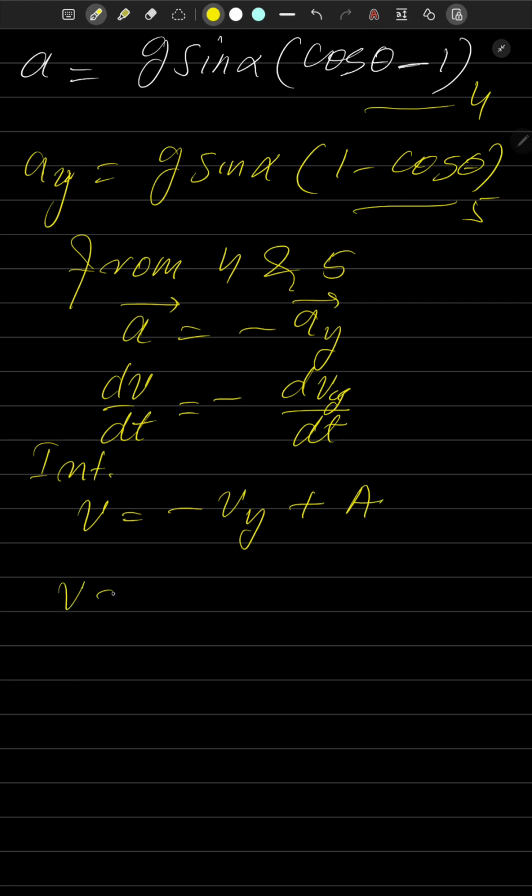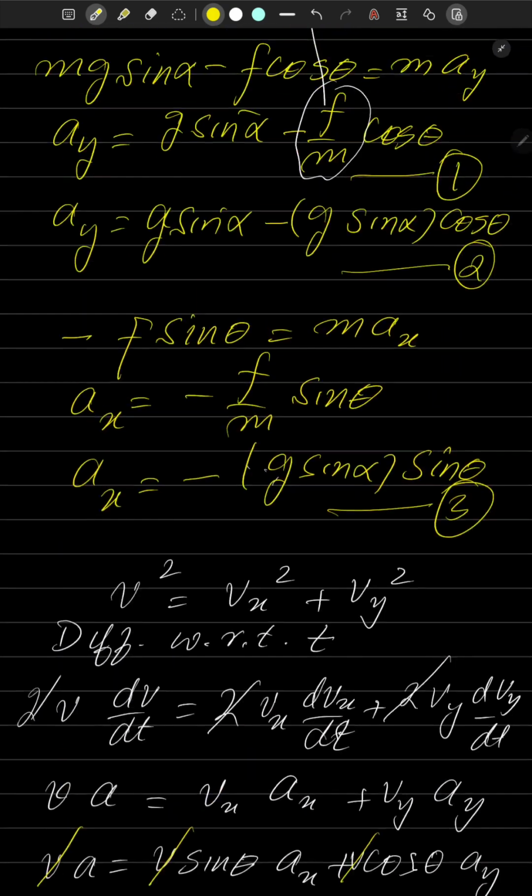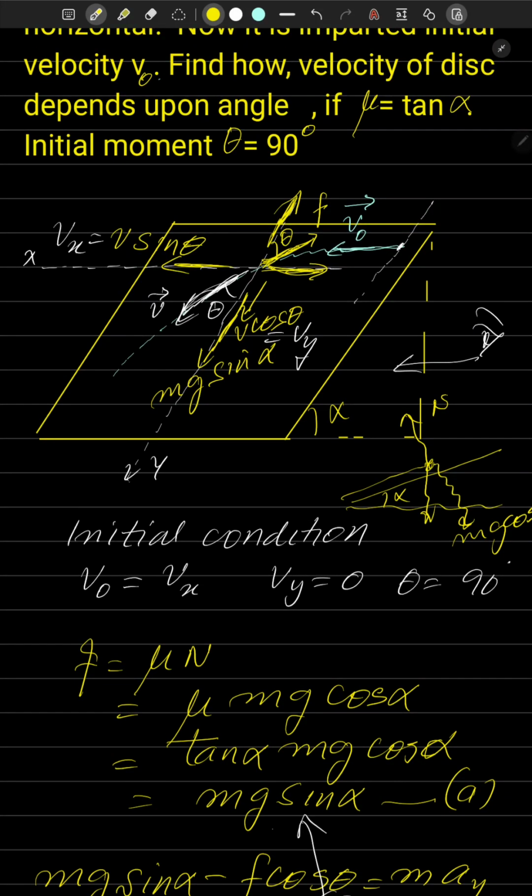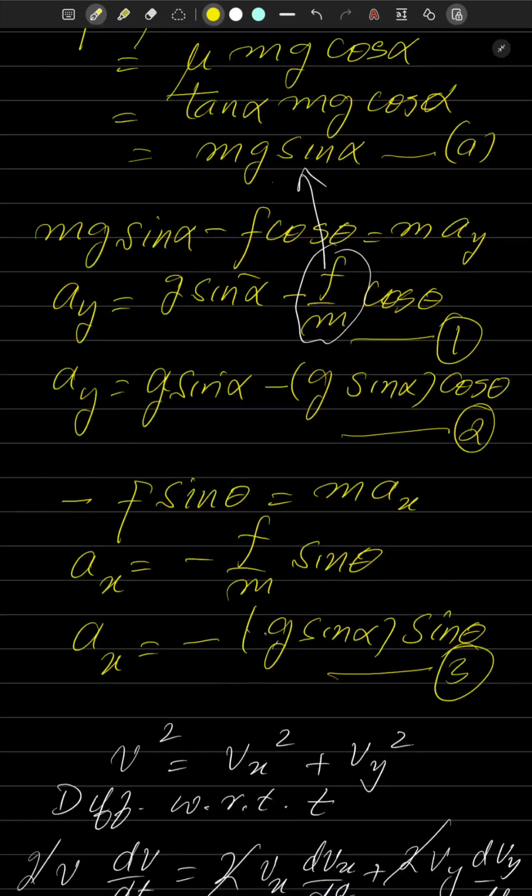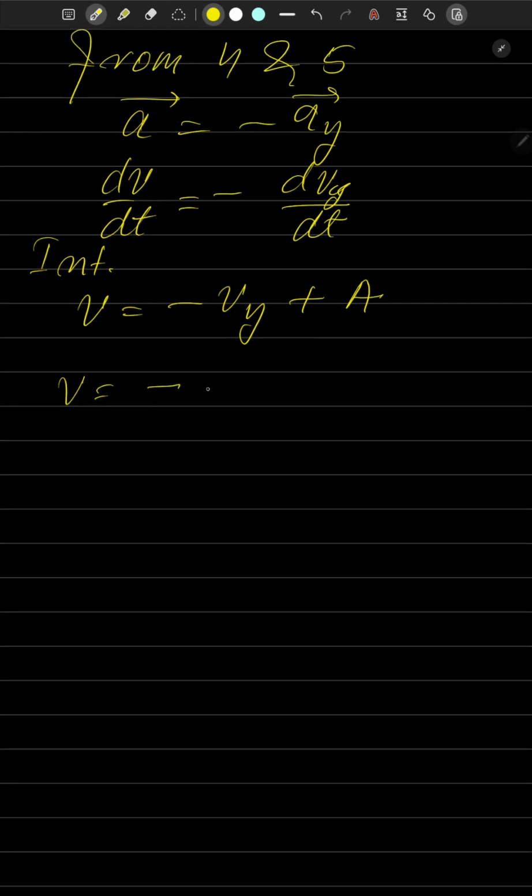If you want to find vy, look at the previous figure. Vy is nothing but v cos theta. So from this we can use cos theta, but one thing is a problem.